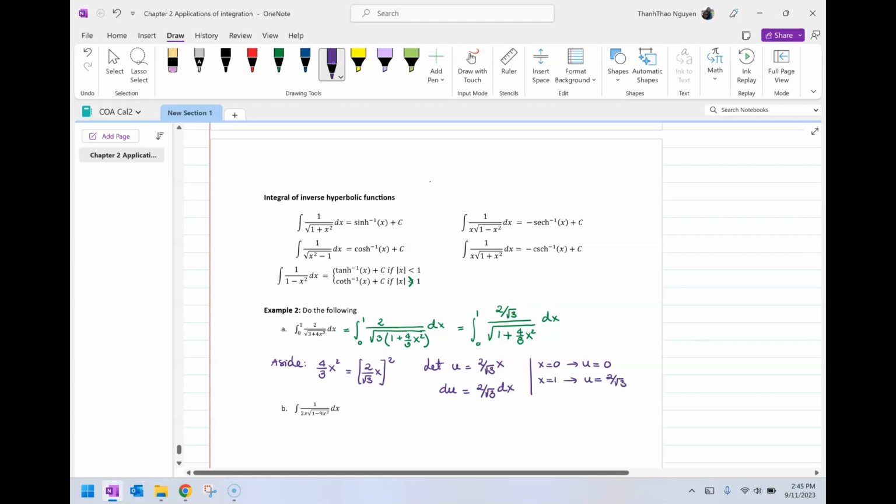Now I can rewrite my integral from 0 to 2 over root 3 of 1 over the square root of 1 plus u squared du.